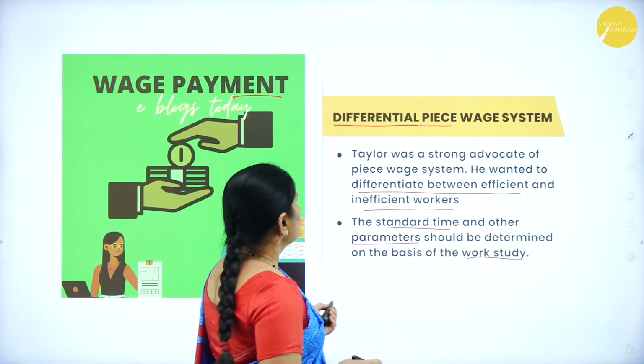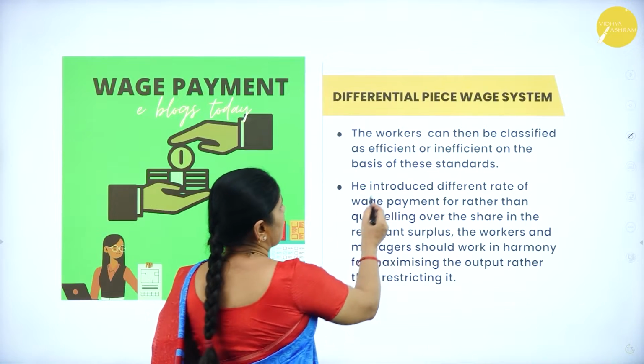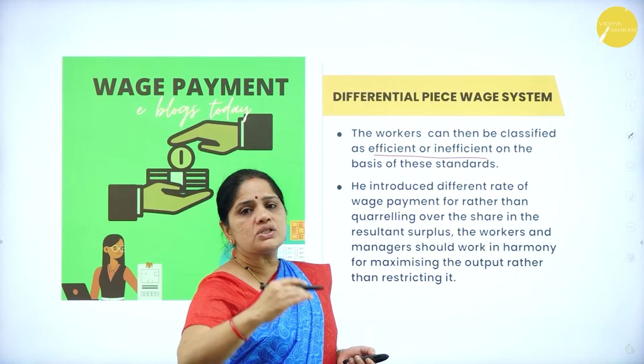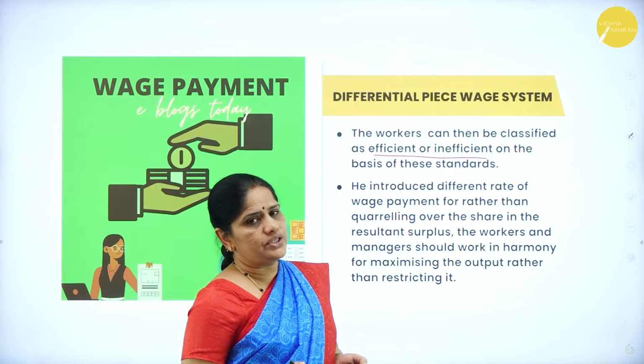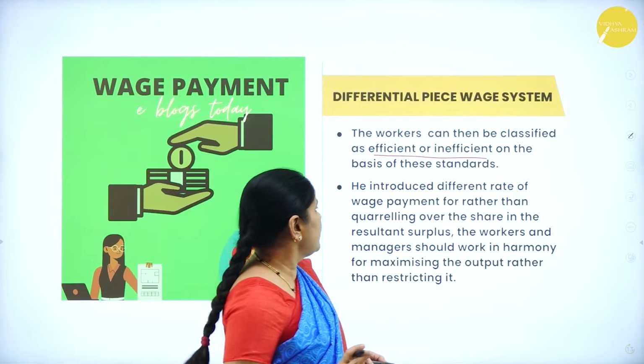Now, in this differential piece wage system, the workers can be classified as efficient or inefficient. Those workers who reach the standards set by the management are considered efficient, and those who don't reach the standards are considered inefficient.